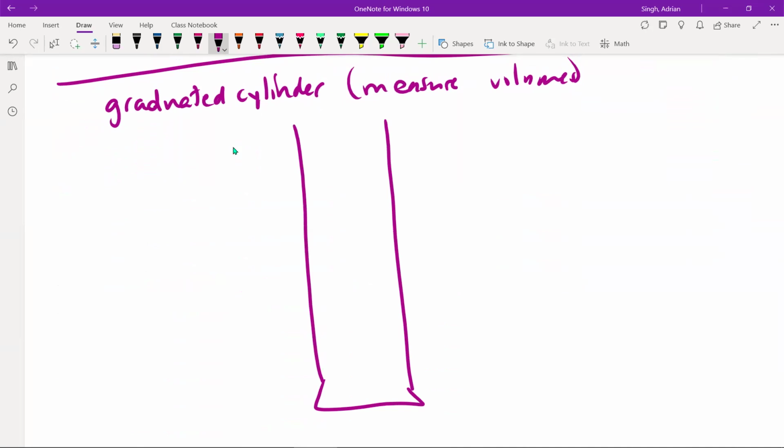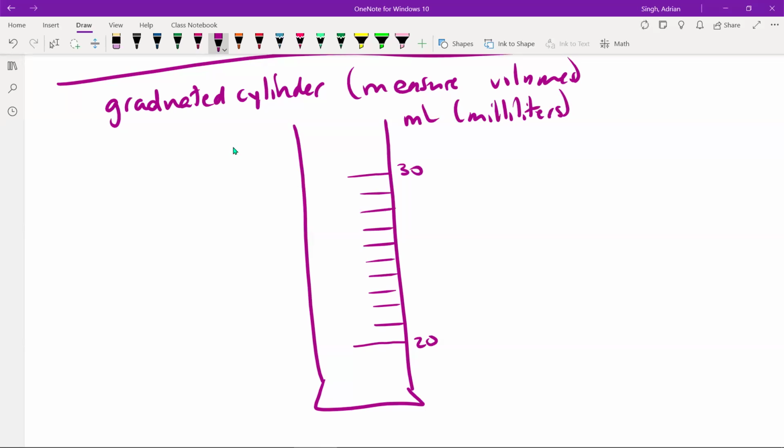And let's say our graduations go up like this. I'm just going to zoom in on one part. Let's say this is 20, and then this is 30 up here, and then between the 20 and the 30, we have 21, 22, 23, 24, 25, 26, 27, 28, 29, and 30. So each of these increments here represents 1 milliliter, and this is in mils or milliliters as a unit of volume.